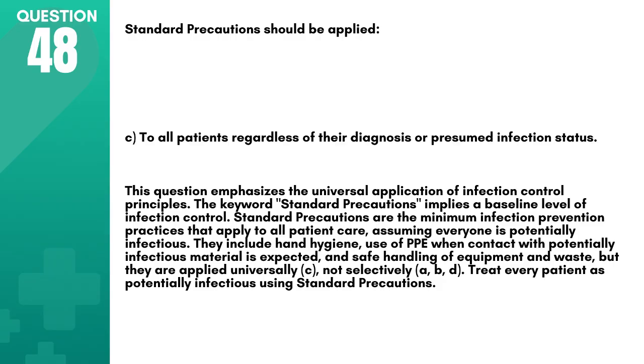They include hand hygiene, use of PPE when contact with potentially infectious material is expected, and safe handling of equipment and waste, but they are applied universally, C, not selectively, A, B, D. Treat every patient as potentially infectious using standard precautions.